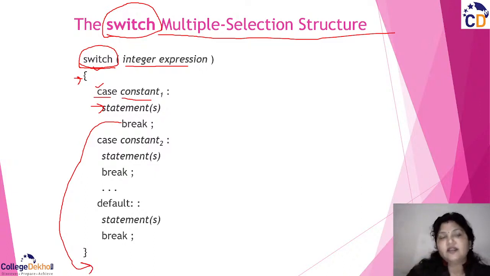If one of the cases is true, then it is going to execute whatever statements you have given within that case constant, and then it breaks from that particular switch statement, right?